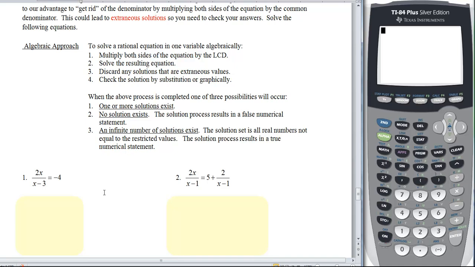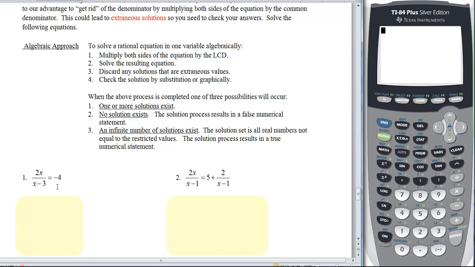Now in this first situation, there's something I need you to try and remember because it's to your advantage. If you have one term equaling one term, cross multiplying does about the same thing as multiplying both sides of the equation by the LCD. There are times that you don't want to do that, and we'll see that in a minute.